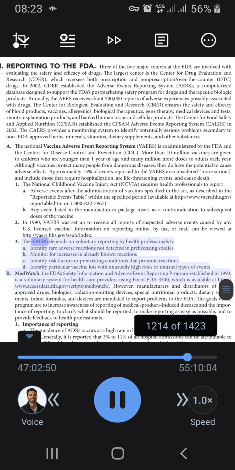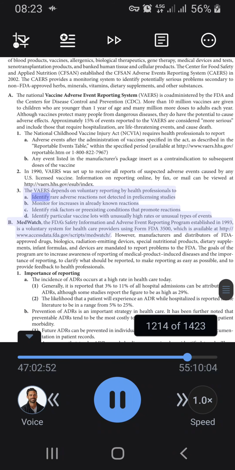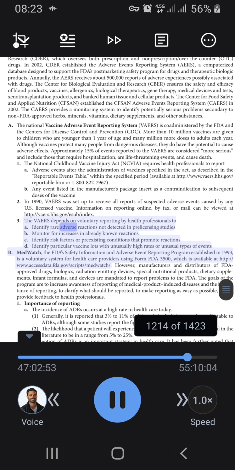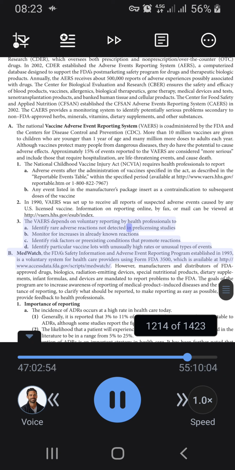The VAERS depends on voluntary reporting by health professionals to identify rare adverse reactions not detected in pre-licensing studies. B. Monitor for increases in already known reactions. C. Identify risk factors or pre-existing conditions that promote reactions. D. Identify particular vaccine lots with unusually high rates or unusual types of events.